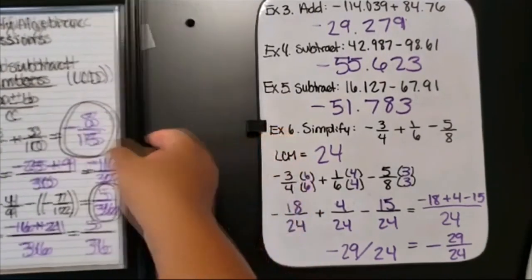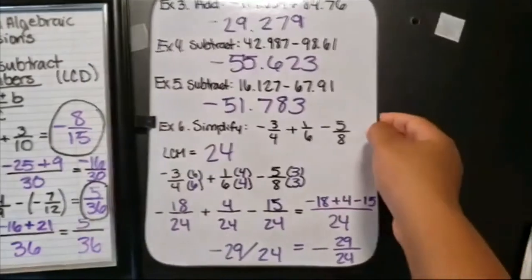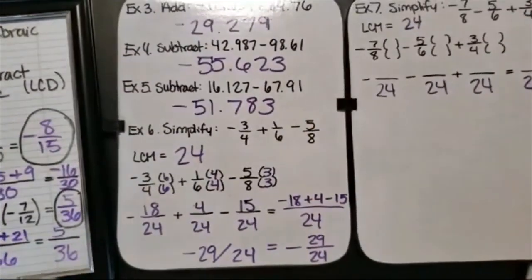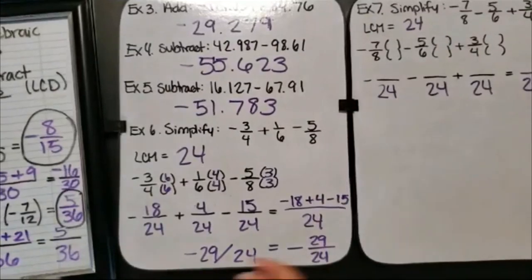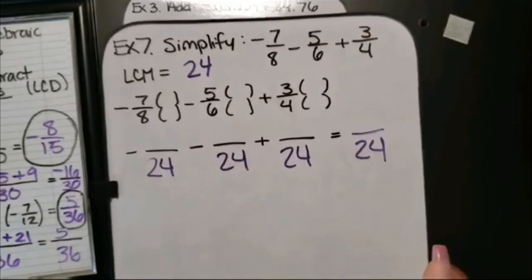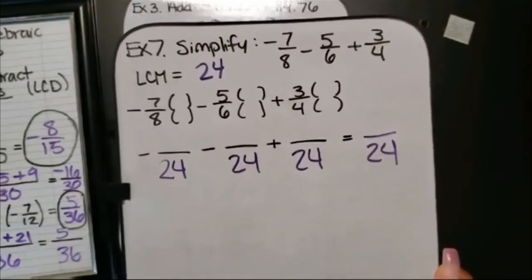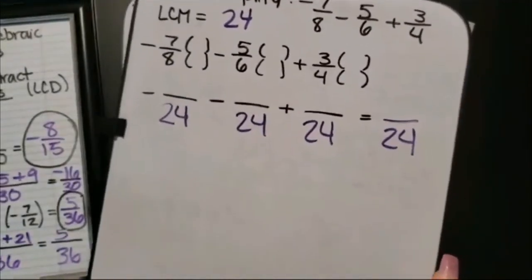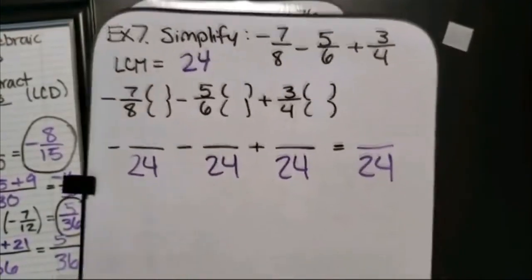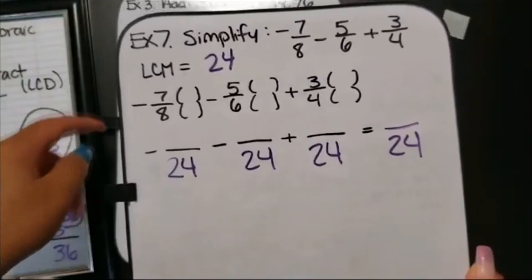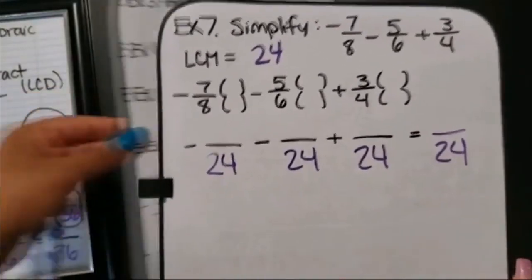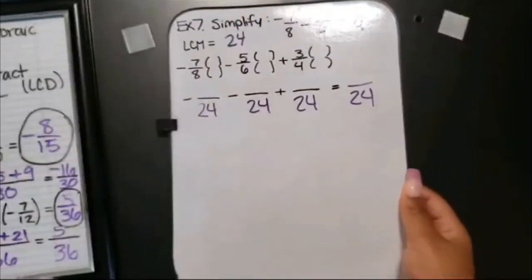Okay, let's look at one more like this one. We have, for example, -7 over 8, minus 5 over 6, and then plus 3 over 4.